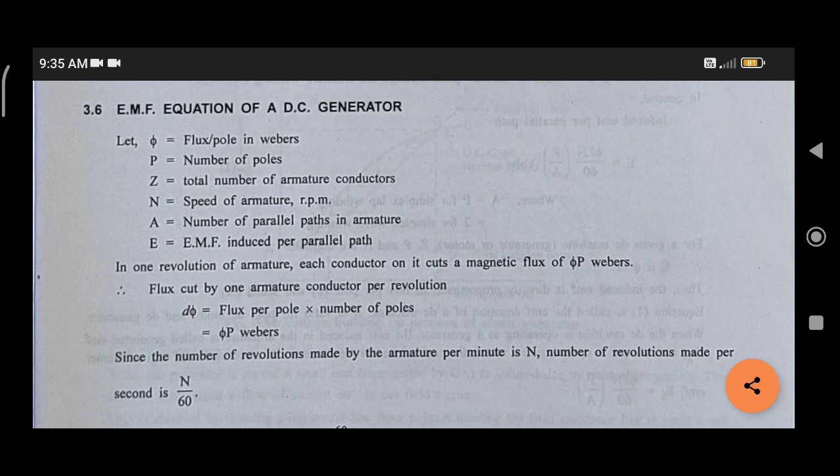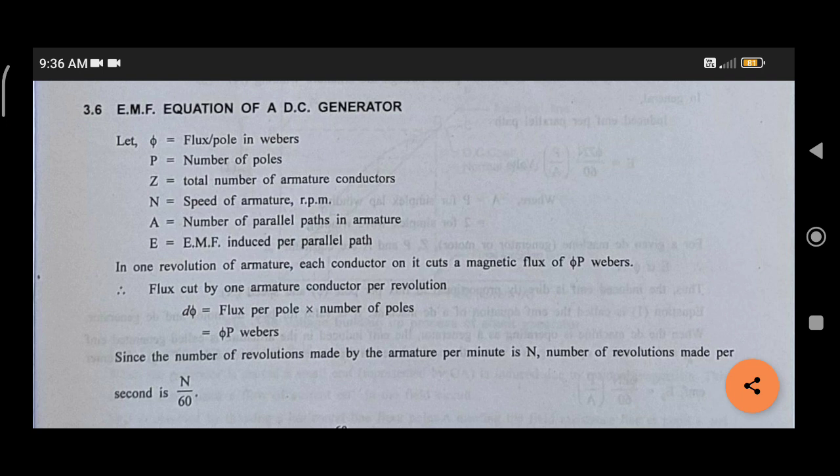Now we start deriving the equation for the EMF. The first concept is that in one revolution of the armature, each conductor cuts the magnetic flux. So if we rotate the armature one revolution, how much magnetic flux is cut by the conductor? It is phi into P, the flux per pole times the total number of poles.